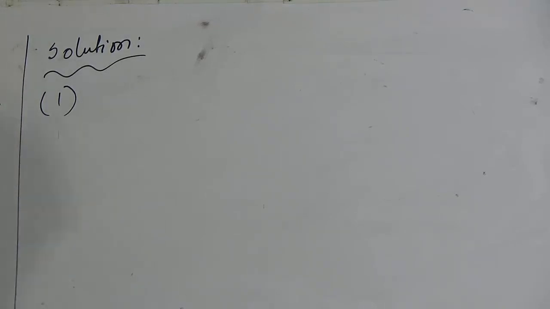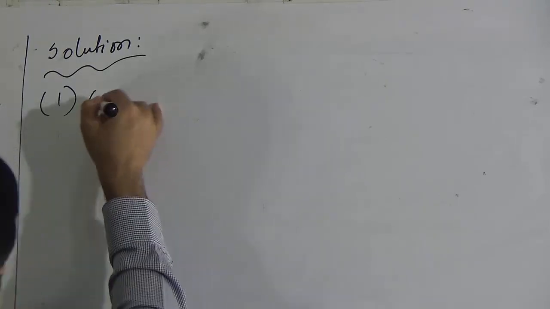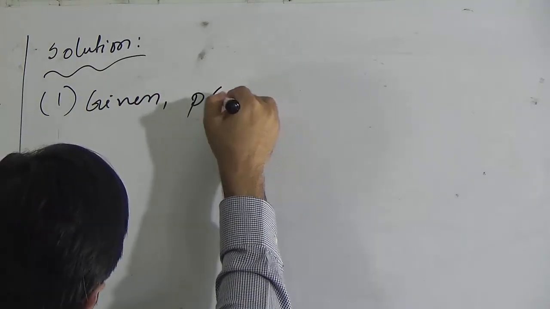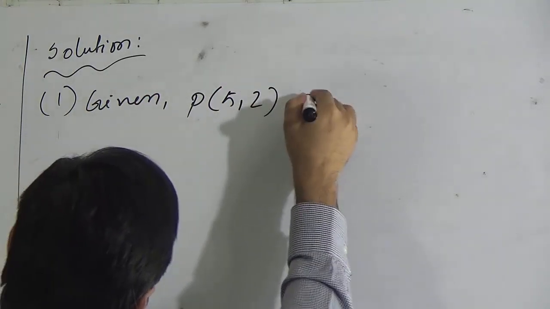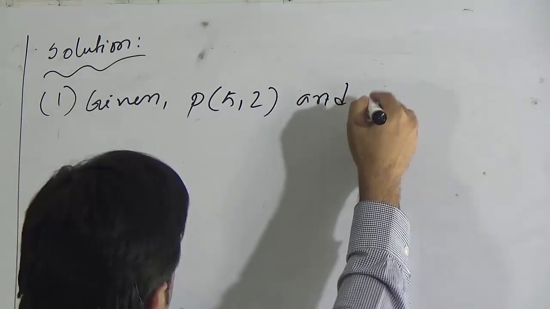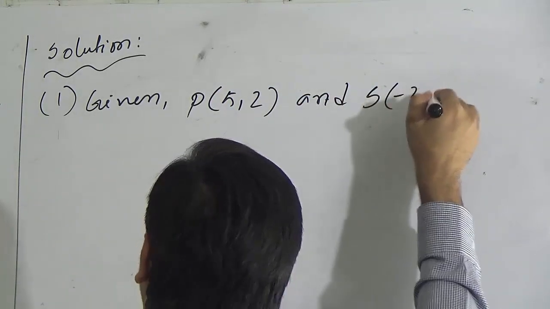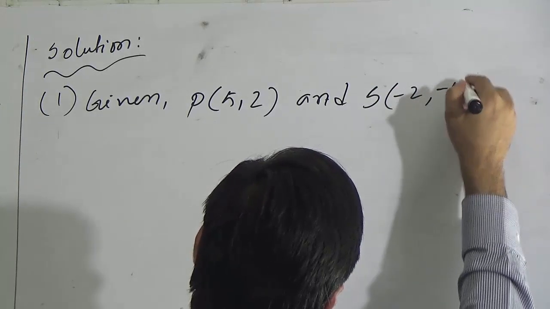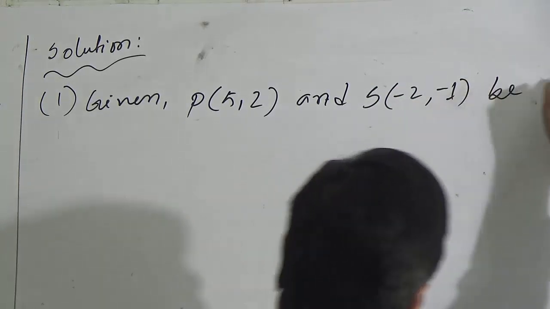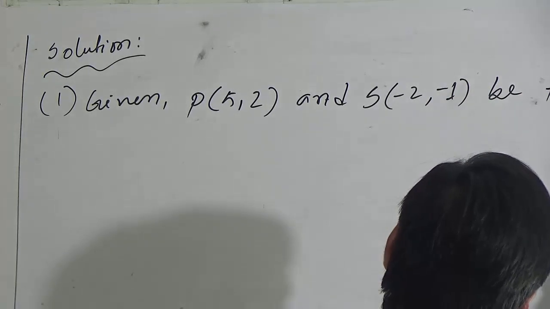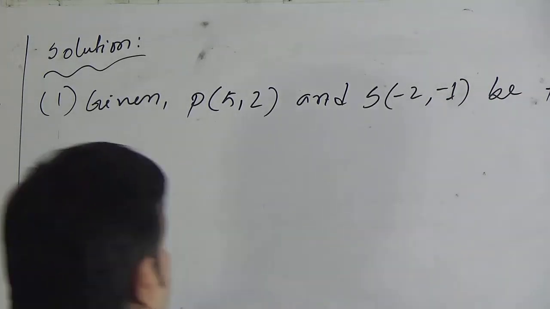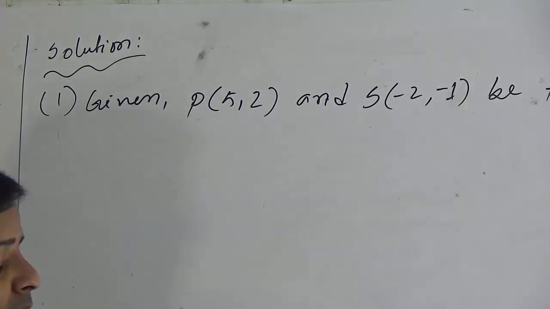So we can write here given P(5, 2) and S(-2, -1), these are 2 points. So joining these 2 points you will get the straight line PS.